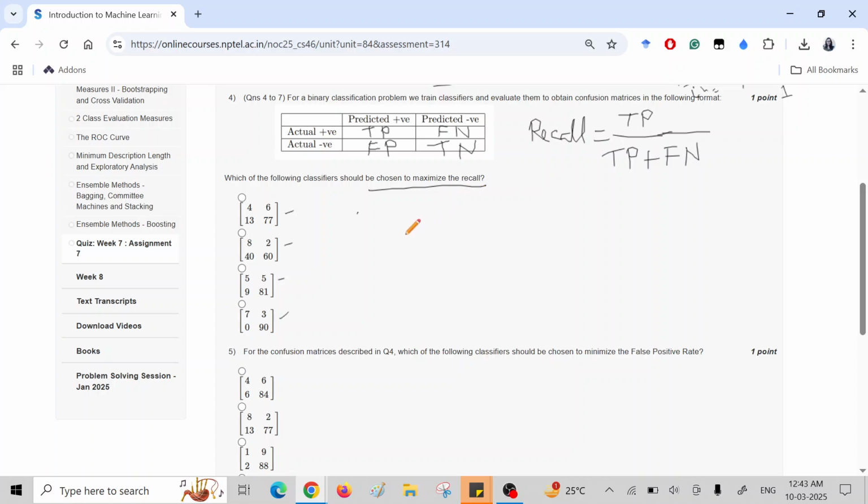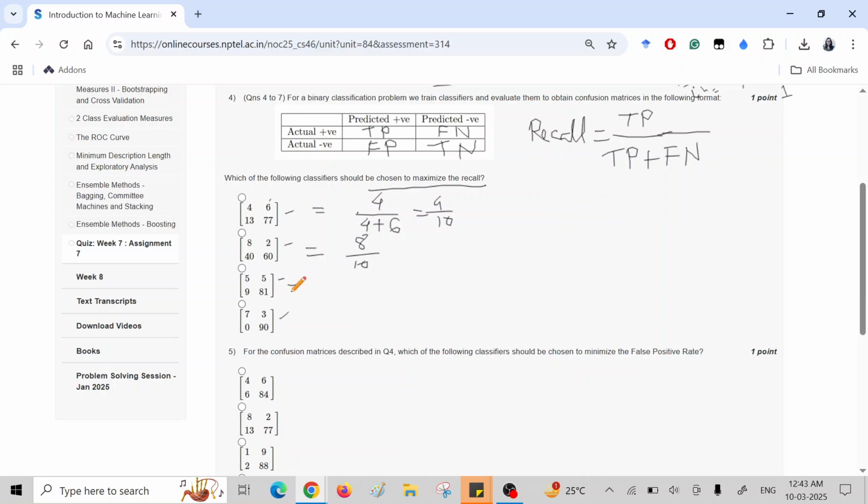Here, for the first classifier, the recall is true positive 4 upon true positive 4 plus false negative, which is row number 1, column number 2, that is 6, which is equal to 4 by 10. Similarly for the second classifier, the recall value is 8 by 10.